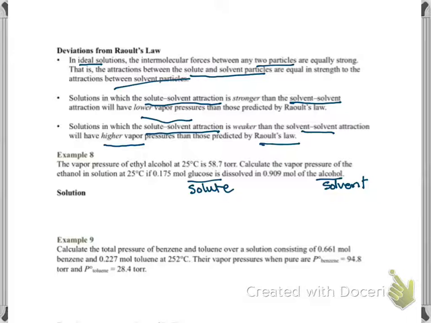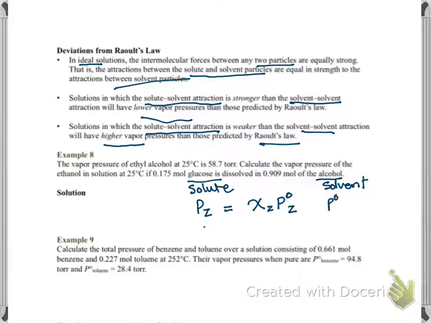Raoult's law: the vapor pressure of the solvent in solution is equal to the mole fraction of the solvent times the vapor pressure of the pure solvent. Here, P naught, the pure vapor pressure of ethyl alcohol, the solvent, is given.